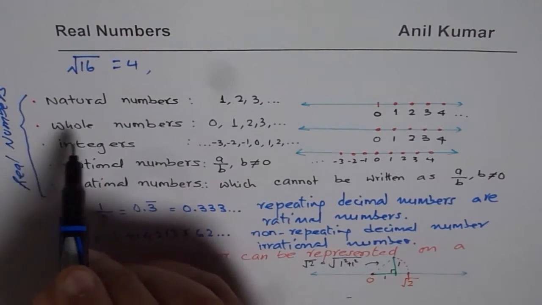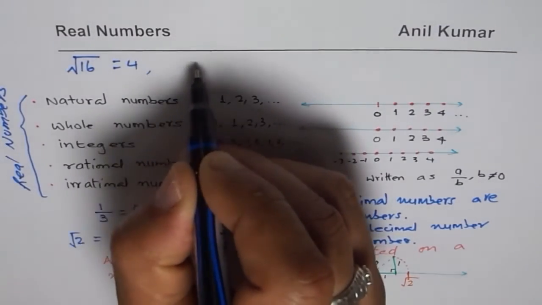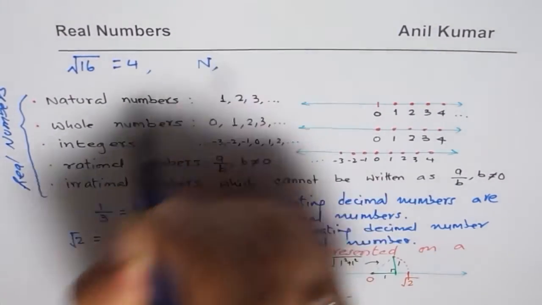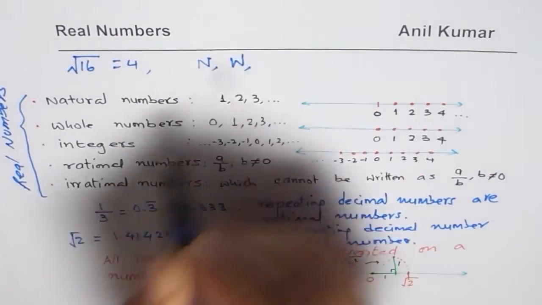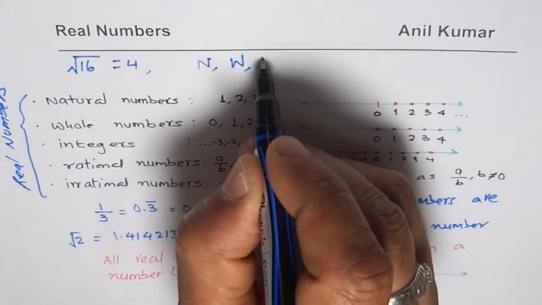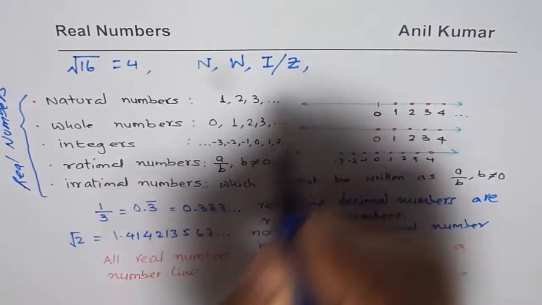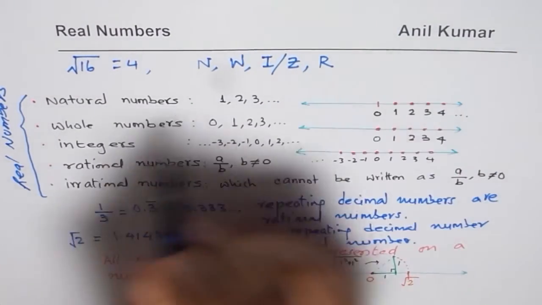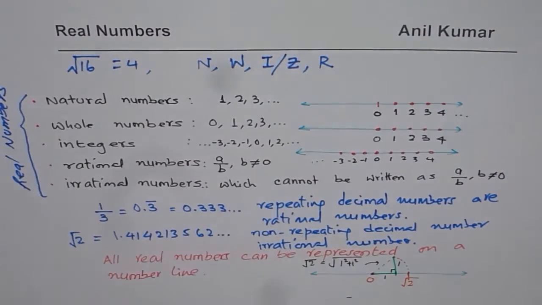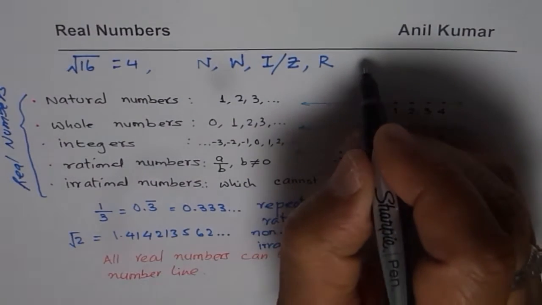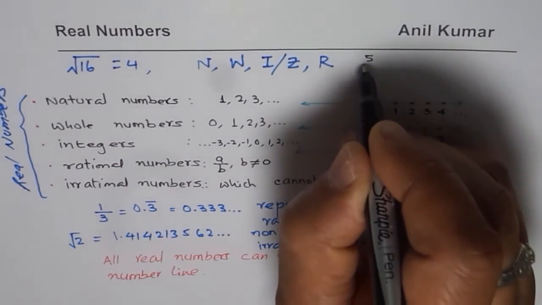We do have symbols for each. So it belongs to natural numbers N, whole numbers W, integers written with I or Z, and rational numbers R, right? So this is a set of all these numbers. However, if I write a fraction, let us say, 5 over 7.